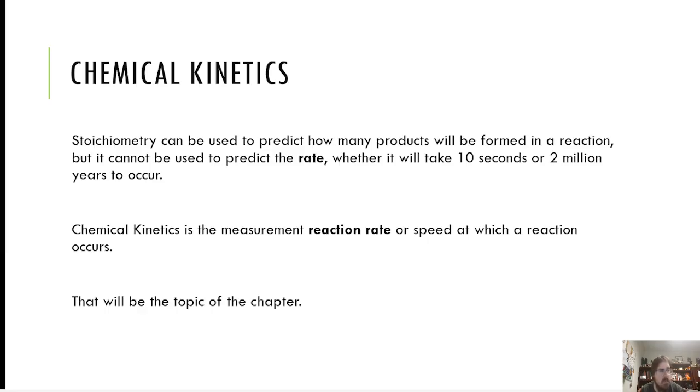Oh, two of these react with one of these to form three products. But stoichiometry alone cannot predict the chemical's reaction rate, whether this reaction will take 10 seconds or 2 million years, the speed at which a reaction forms. So chemical kinetics is a measurement of the reaction rate. That's the main topic.